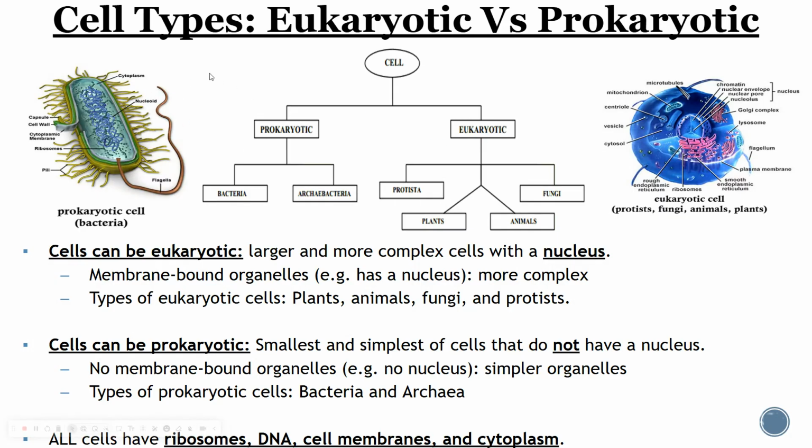Now, even though these are very different cells, prokaryotes and eukaryotes, there are some things that all cells have in common. And those things that all cells have in common are ribosomes. So you'll see this one has ribosomes over here. And this one also has ribosomes right over here, little dots. DNA.